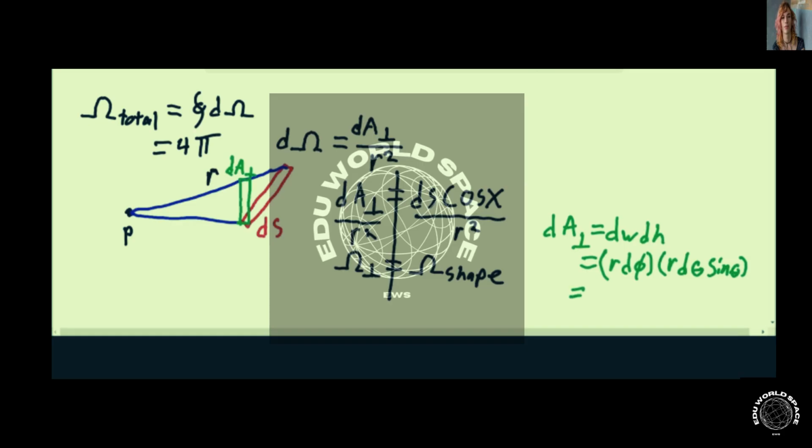And what we get here is r squared sine theta d theta d phi is equal to dA perpendicular.